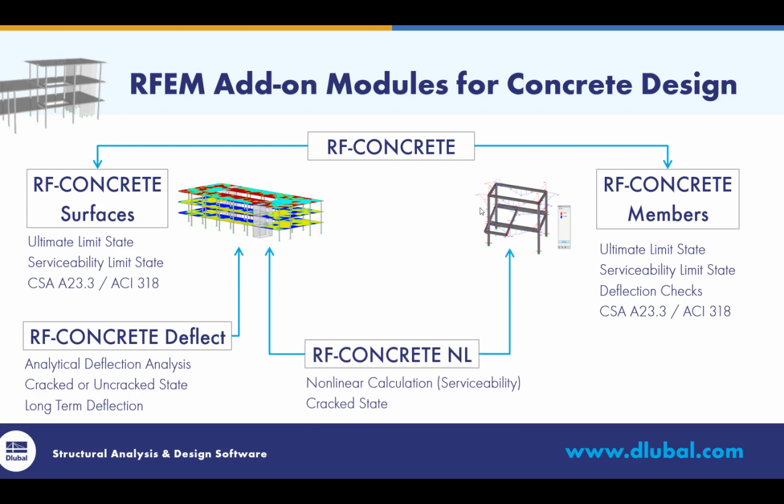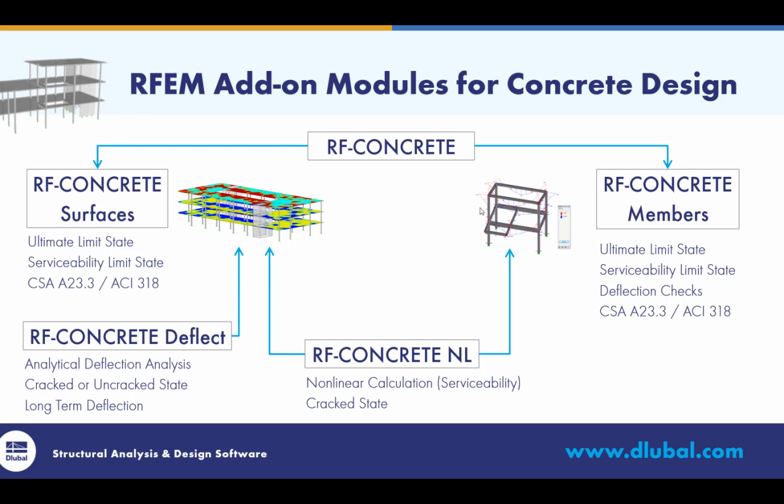The final add-on module extension is RF Concrete Nonlinear. This we will not be covering today, but this allows us to do a nonlinear calculation for the serviceability limit state only. This takes into consideration the true crack state of either our section or our surface.